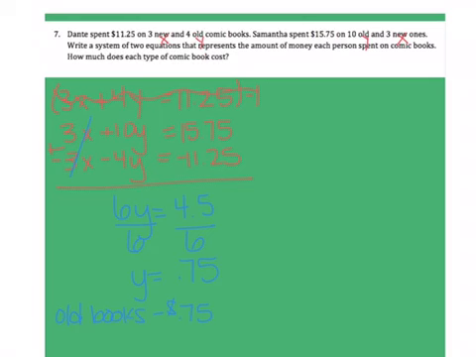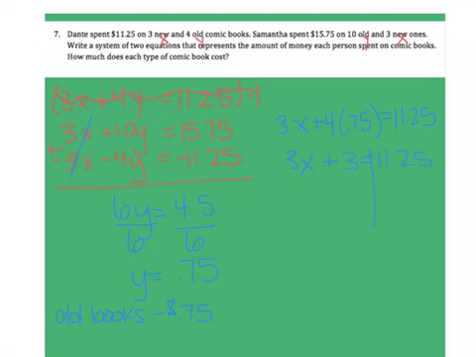So I'm going to use that equation I erased right away in the beginning. So I'm going to do 3x plus 4 times 0.75 equal to 11.25. So 4 times 0.75 is going to give me 3. So I get 3x plus 3 equals 11.25.